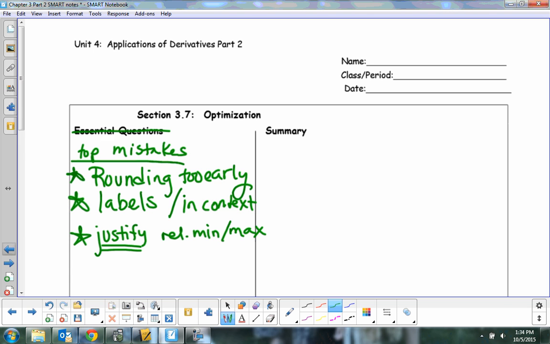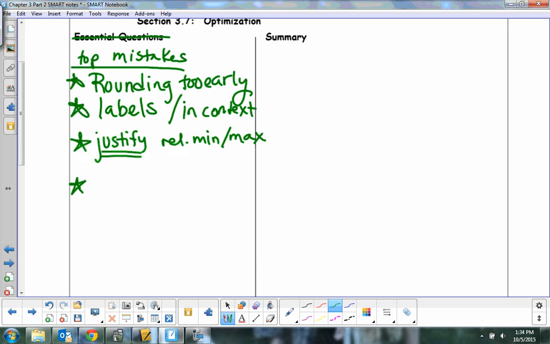Okay, get the right equation to optimize. Okay, in terms of how many variables? Okay, in terms of one variable.